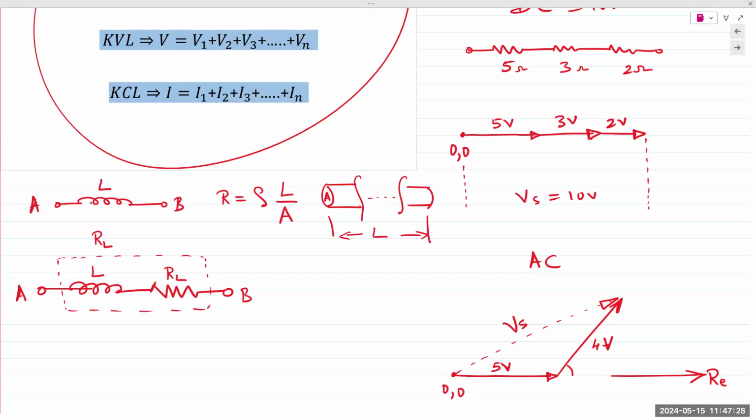So the labs were written with the assumption that we're using high quality inductors. There is a measure that we describe the quality of an inductor, which is Q. It can be used for capacitors also. But QL is the ratio of the reactance to the resistance RL. Ideal inductors, RL is 0, quality is infinite.